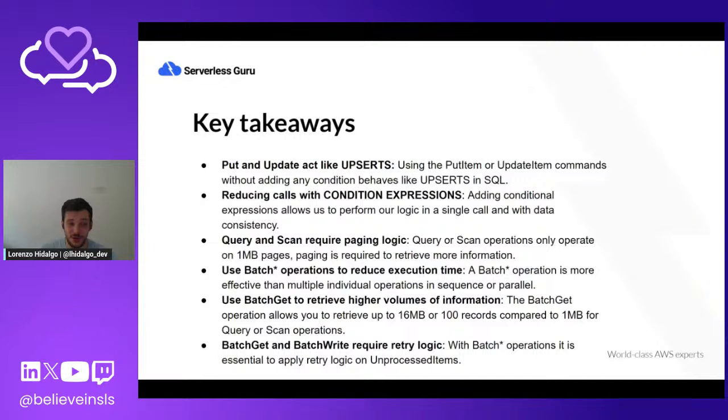But if you already know the primary keys and sorting keys of all the items you want, you can use batch get and get 16 megs of data in one request instead of calling query or scan 16 times. Just a cheeky little hack when using batch get.